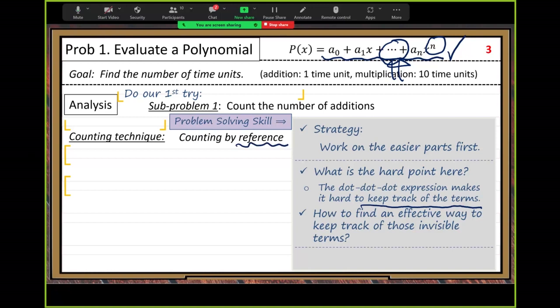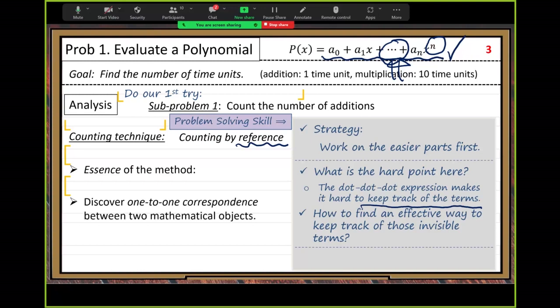Let me explain this method. Very simple. The essence of this method is to discover a one-to-one correspondence between two mathematical objects. Then we can find the answer in an indirect way, not a direct way.